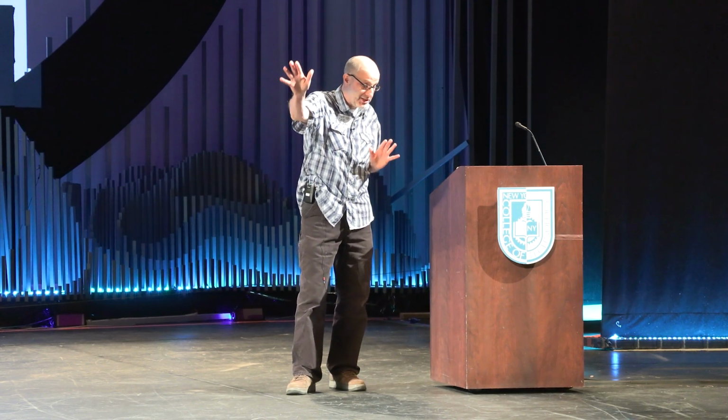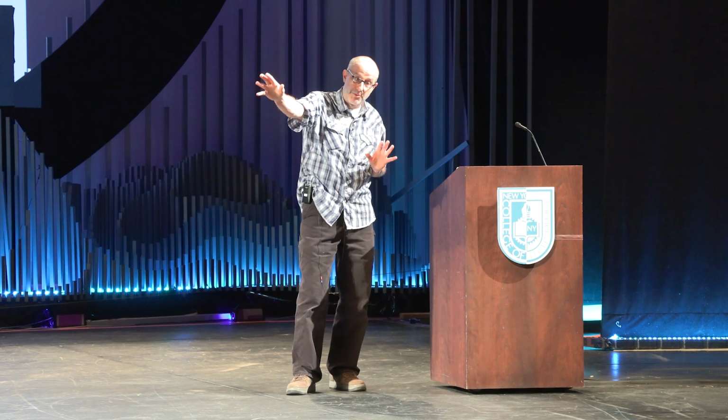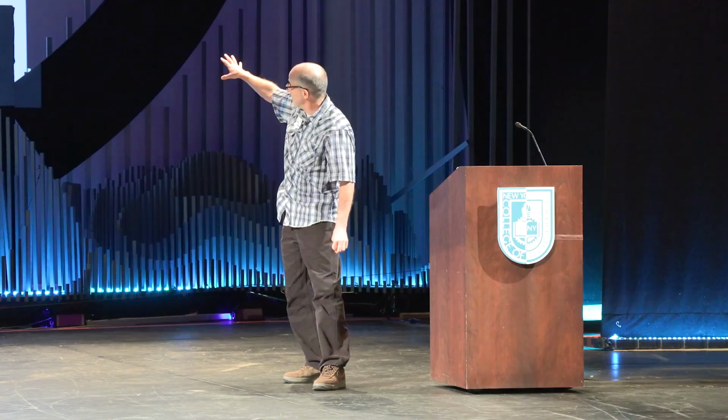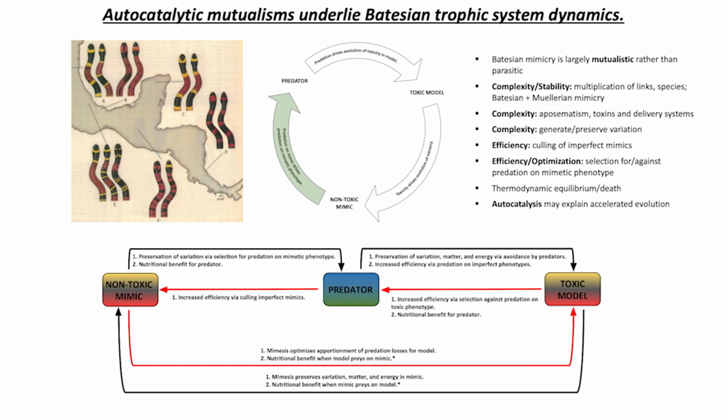For example, predation might have an obvious detrimental effect on one of the prey species, but there might be a backwards benefit for the system as a whole. And what I ended up doing was what you see here at the bottom: a Rosen-type diagram that showed a clockwise pathway of benefits and a counterclockwise pathway of benefits, including more kinds of processes than had previously been included in studies of mimicry.